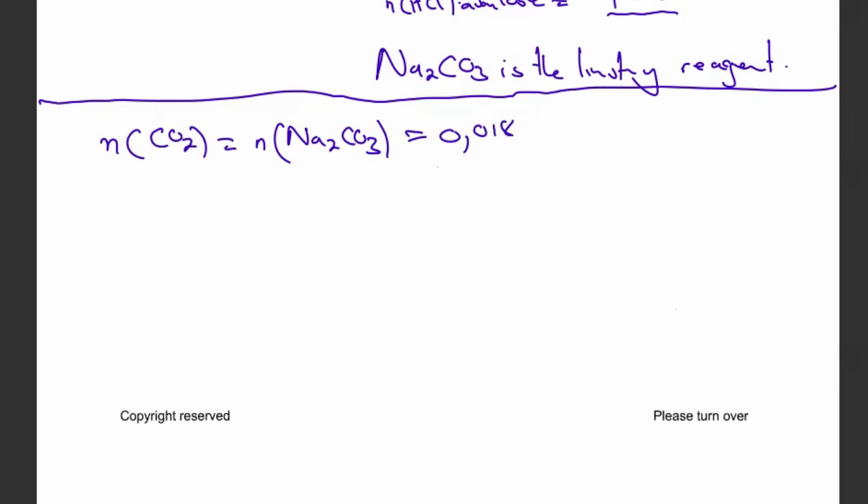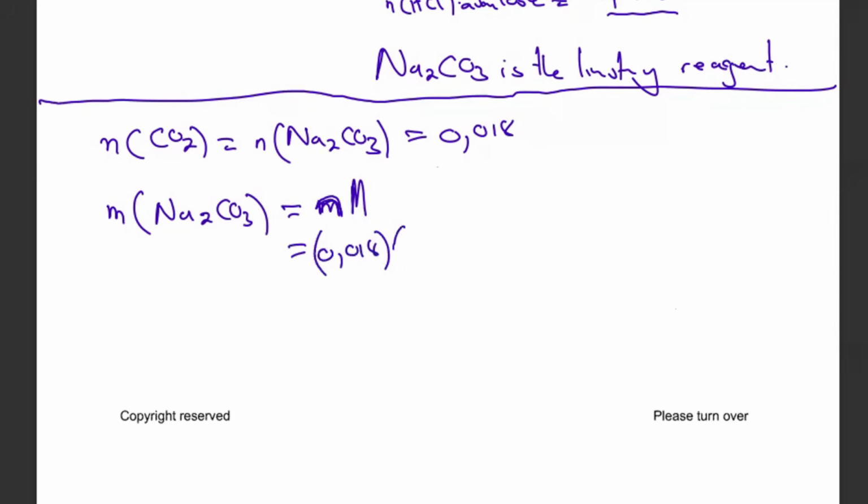So the mass of Na2CO3 is equivalent to n times M. Substituting the number of moles, we say 0.018 multiplied by the M of Na2CO3.